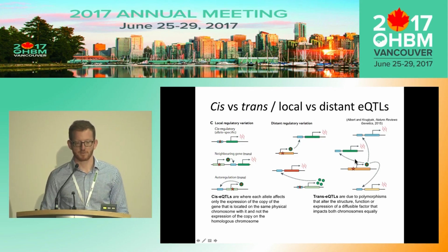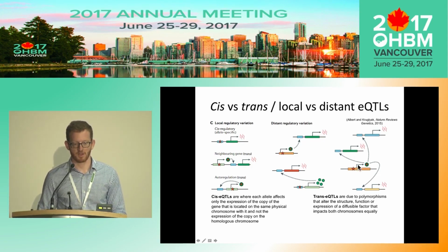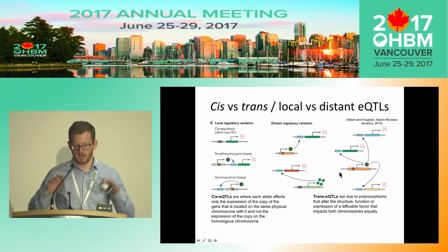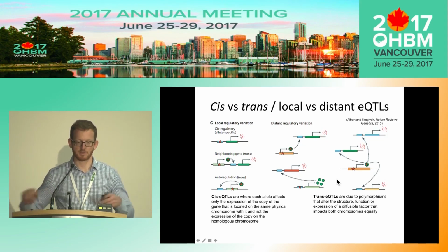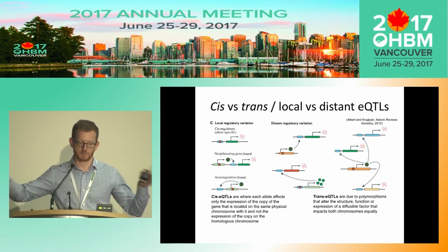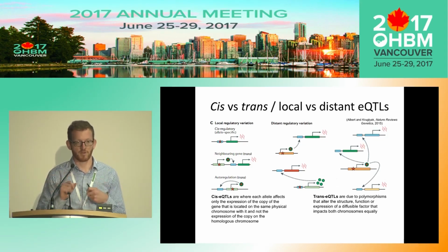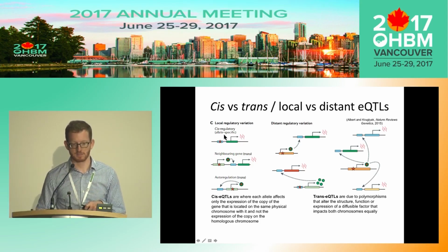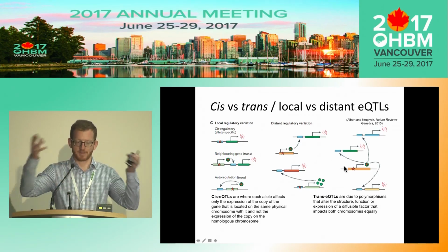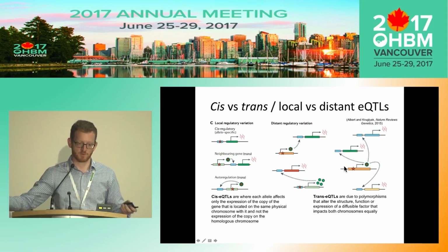Trans, on the other hand, is, for example, a genetic variant affecting the expression of a transcription factor. It can affect genes across the genome, and importantly will affect both strands, not just one as in cis, because you have that diffusible factor that can bind to both strands.